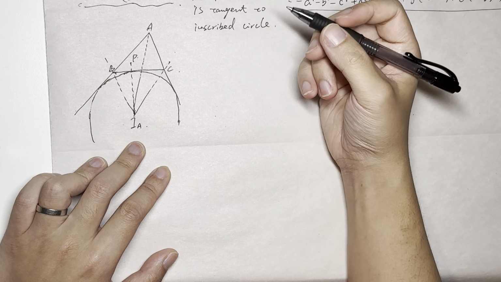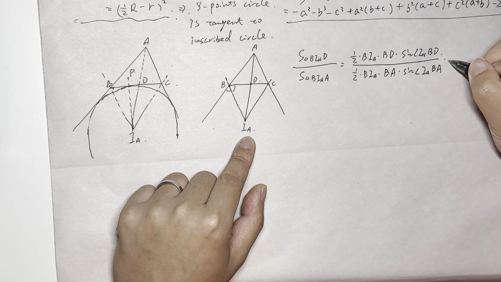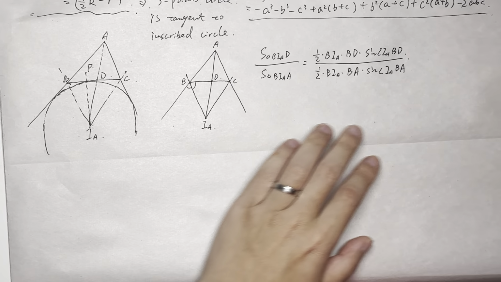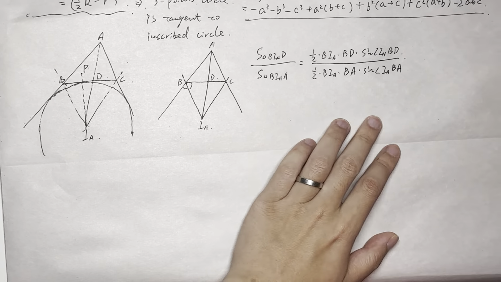And for the area of BIAA, that's half of BIA times BA times sine of angle IABA, right? It equals BD times sine of angle IABD to BA times sine of angle IABA.